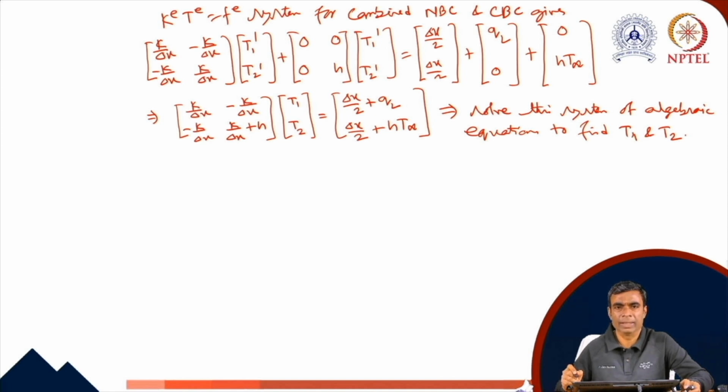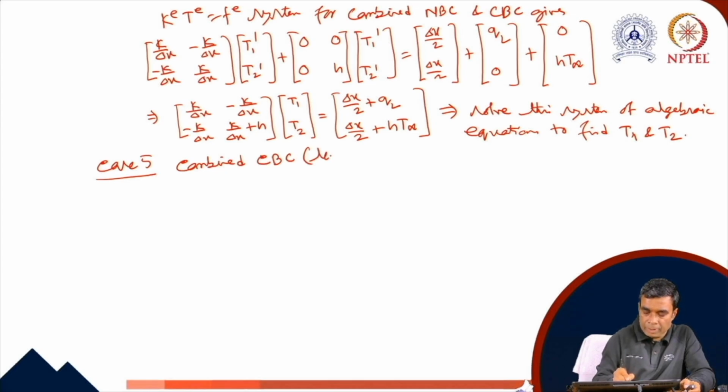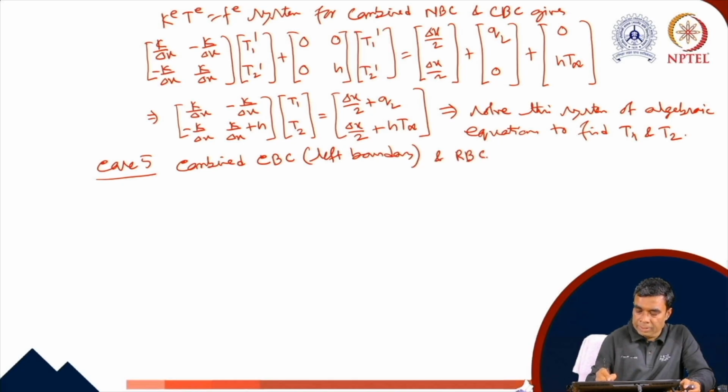Now we consider the radiative boundary condition. That comes as case 5. We consider the combined CBC at the left boundary and RBC, the radiative boundary condition, at the right boundary.